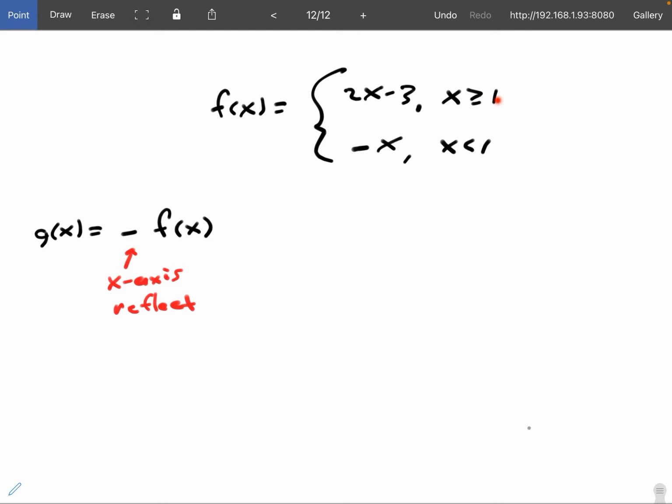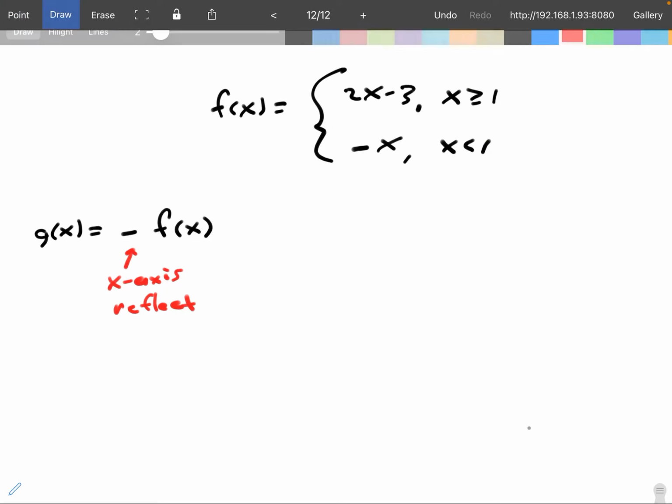So that's your transformation. And so now, if you're going to flip the graph over the x-axis, that's really not going to change the domains, okay? These are going to stay the same. It's still going to be one graph to the right of 1, and the other graph to the left of 1. So those are not going to change on this one. So this is more of a vertical transformation by flipping it over the x-axis.